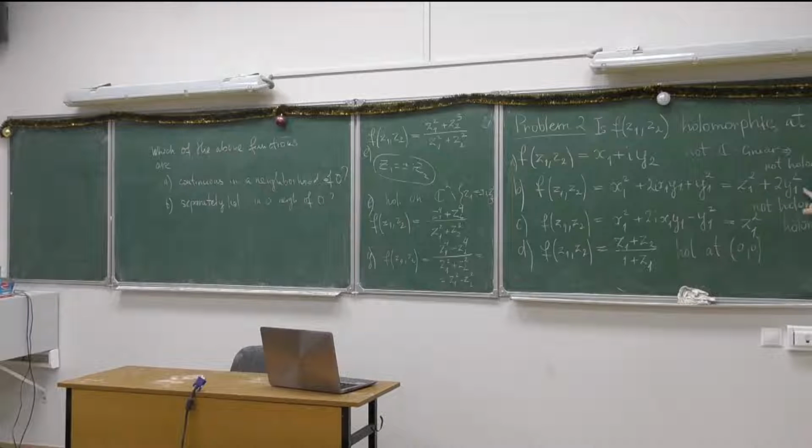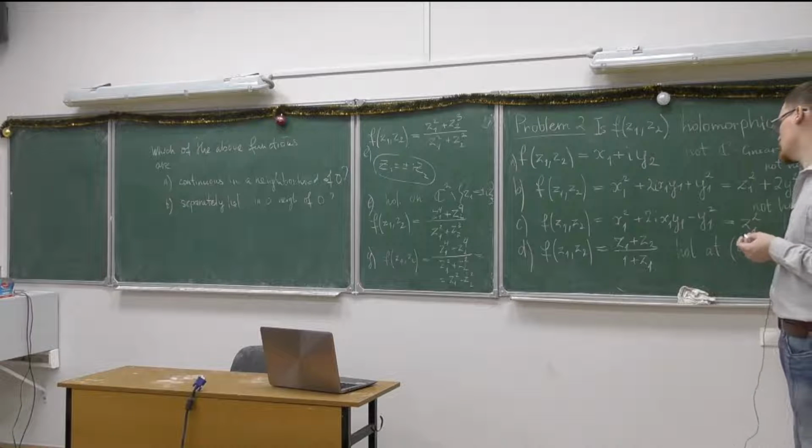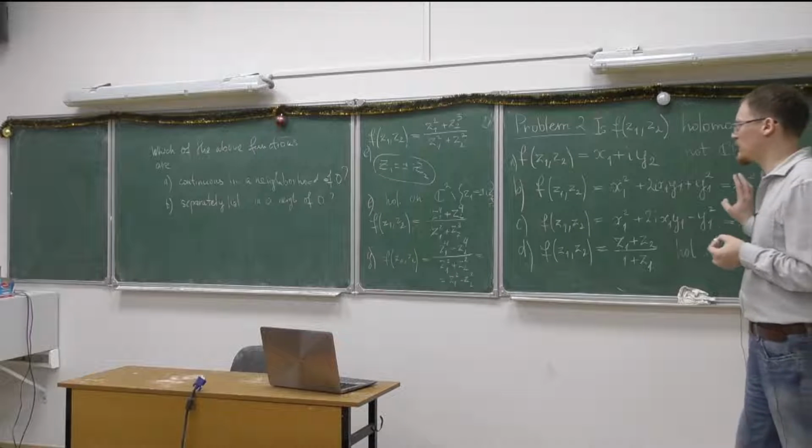Okay, so what about the second one, B? It's the same, because continuous but not separately holomorphic. C is holomorphic. Yeah, okay. So this one is holomorphic as well.